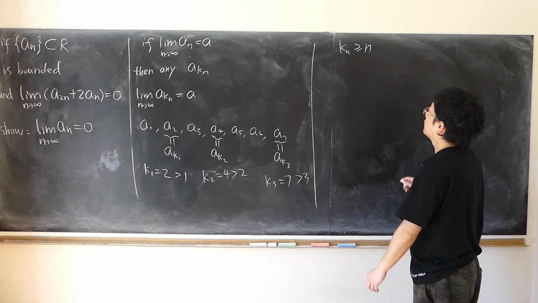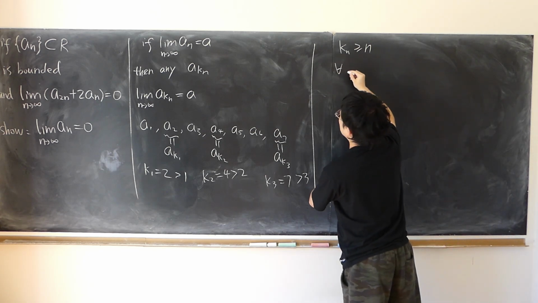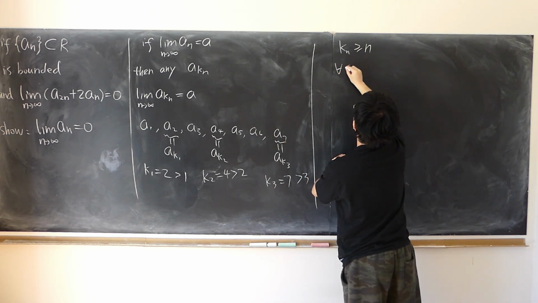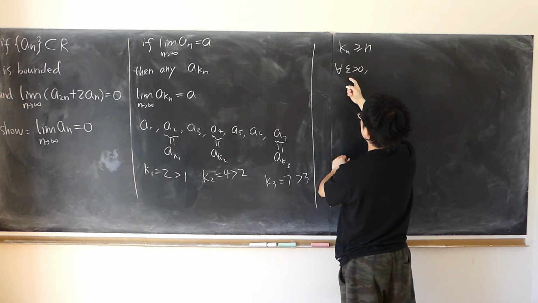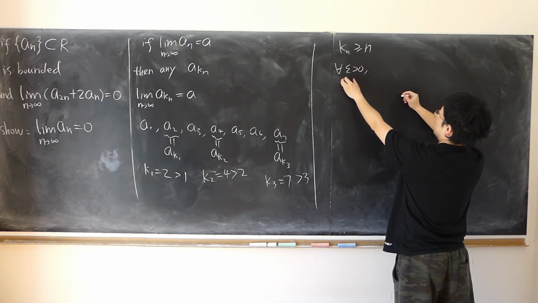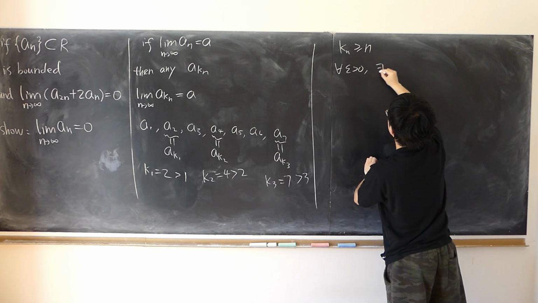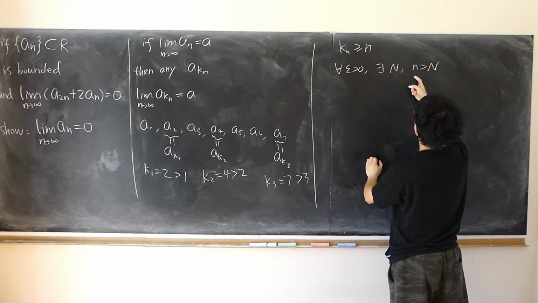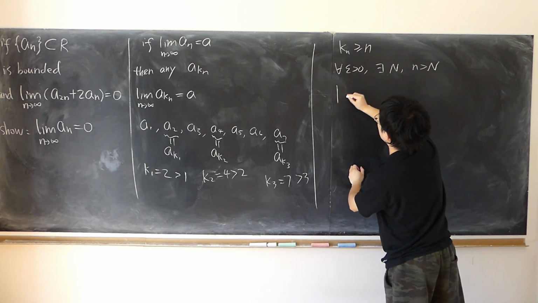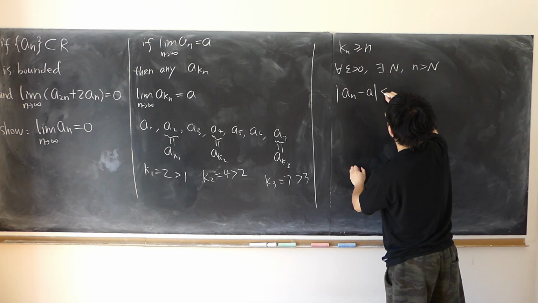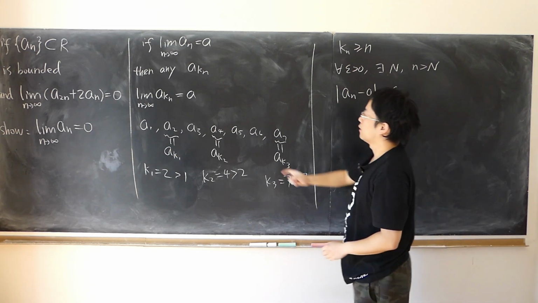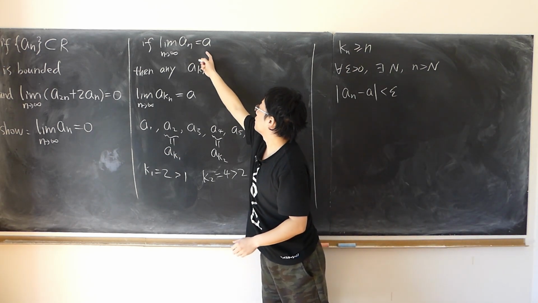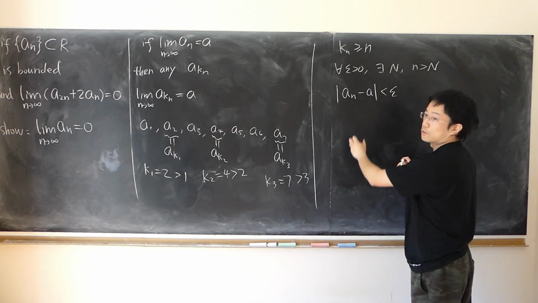So to prove this result, use the original definition. Given any epsilon greater than 0, there's a capital N such that as long as little n is bigger than capital N, we always have the absolute value of an minus a is less than epsilon, because that's given. The original definition.